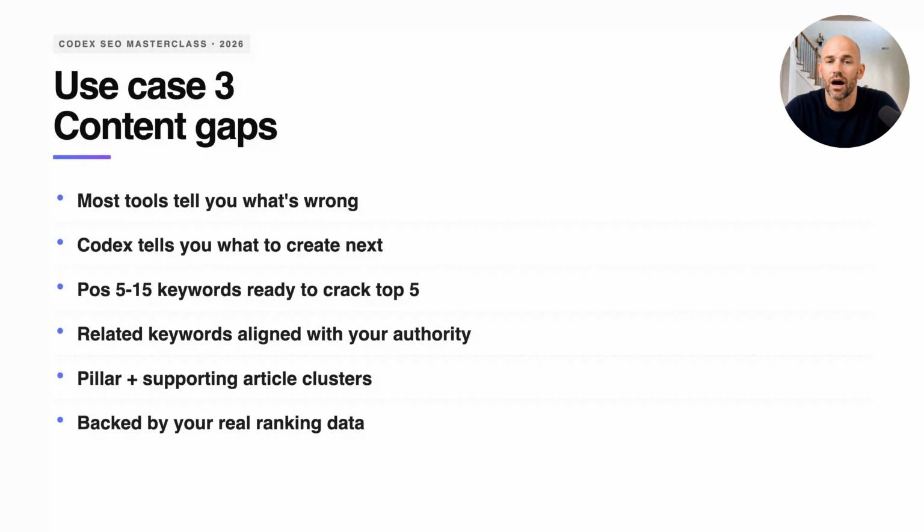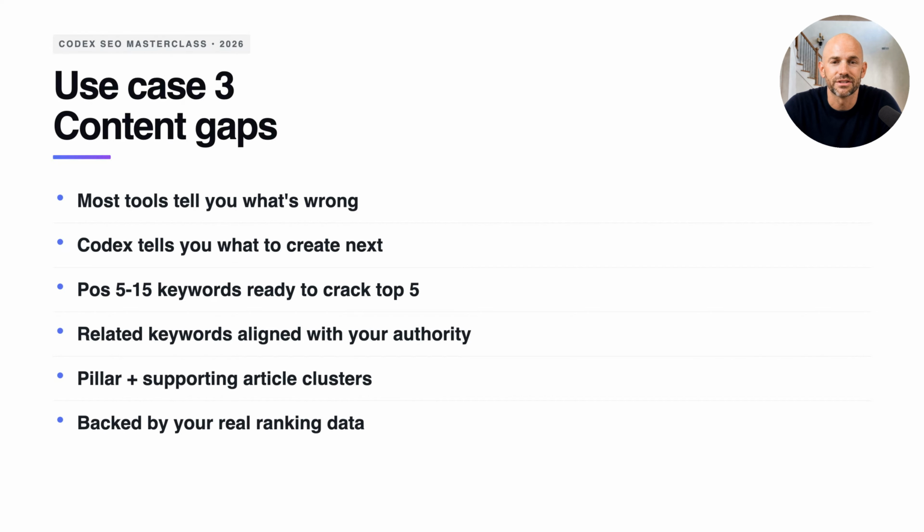Use case 3, content opportunity identification. Most SEO tools tell you what's wrong with existing content. Codex tells you what to create next based on your actual ranking data and site structure. Same 7-day GSC export. Upload to Codex. Prompt: analyze this data alongside the code base.